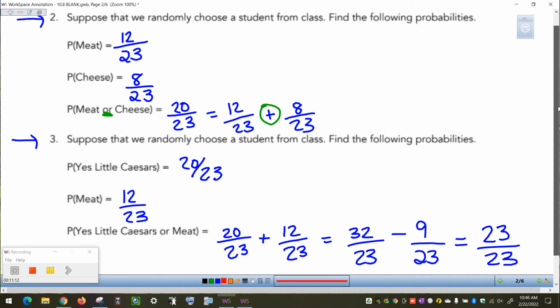All right, so we're actually going to go back up here to the situation in number 2. So this is where we're looking at 2 different events, the probability that somebody prefers meat compared to the probability that they prefer cheese. Well, those 2 events, meat and cheese, are considered mutually exclusive events.